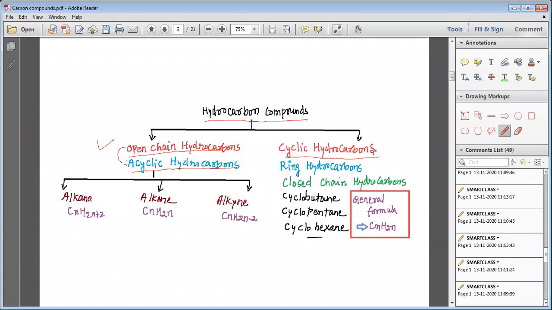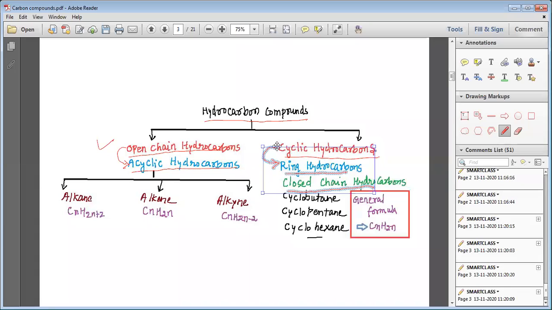So another name for open chain hydrocarbon is acyclic hydrocarbon. But we may also have cyclic hydrocarbons or ring hydrocarbons or closed chain hydrocarbons. So we can have various types of hydrocarbons.